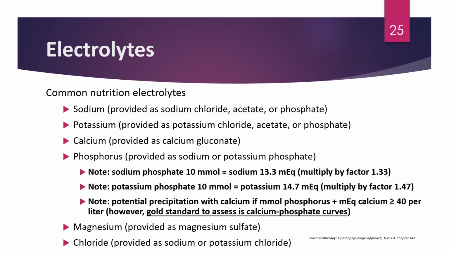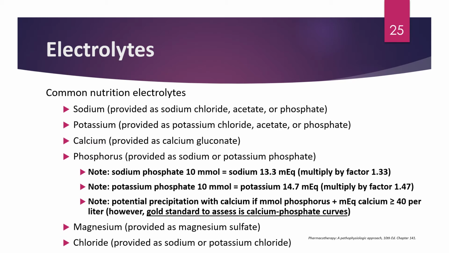What that means is that for every 1 millimole of sodium phosphate, there are 1.33 milliequivalents of sodium. So whenever you do the stoichiometry and the basic chemistry conversion, we get that 10 millimoles of sodium phos is equivalent to 13.3 milliequivalents of sodium.